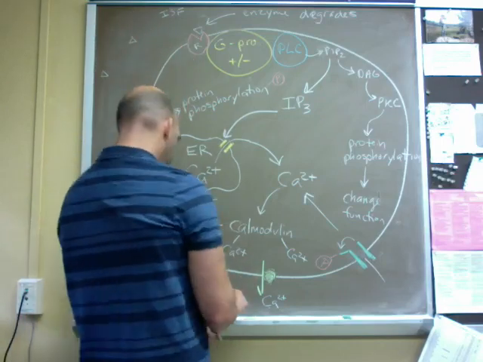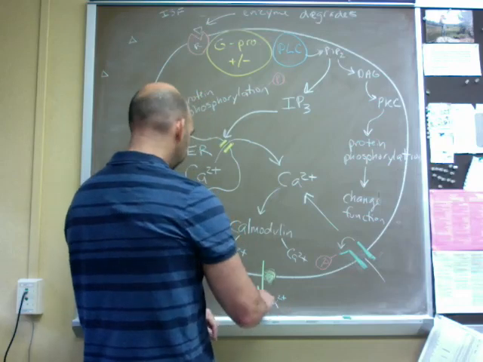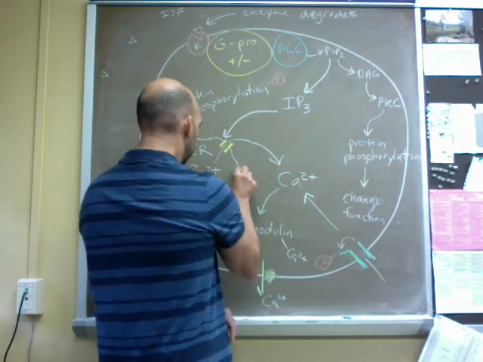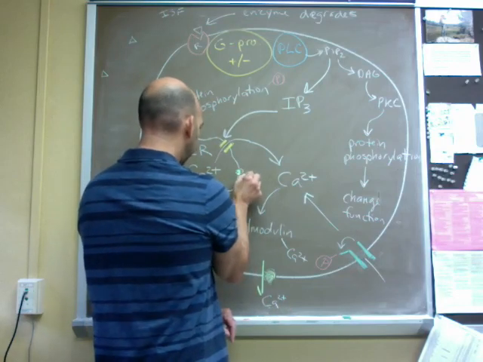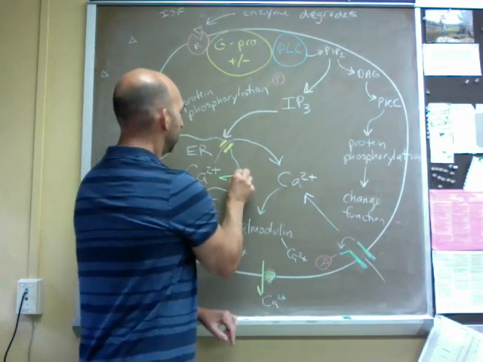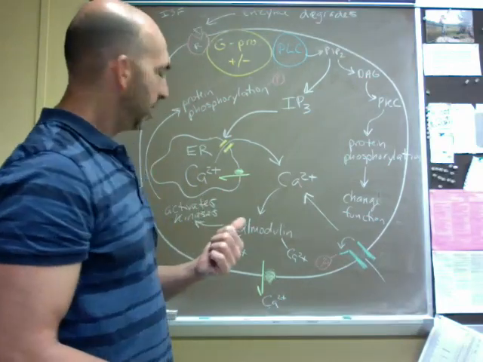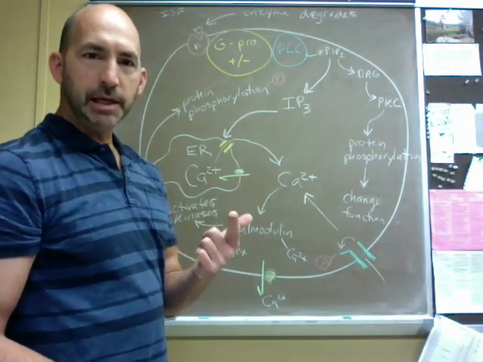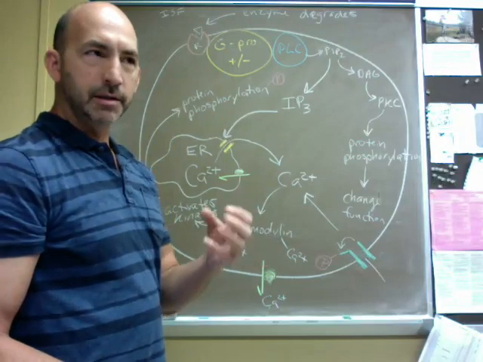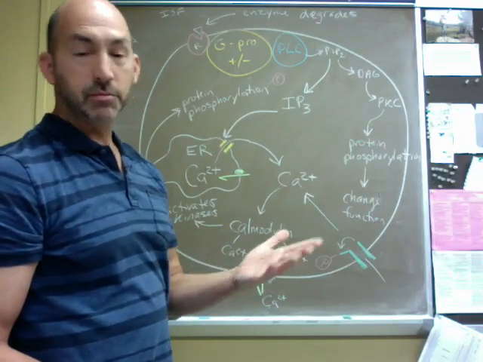And we also have a pump, let's see, I'll also make it green, pumping calcium into the ER. That's called the SERCA pump. I don't really have a place to put that. SERCA, S-E-R-C-A, smooth endoplasmic reticulum calcium ATPase, SERCA.